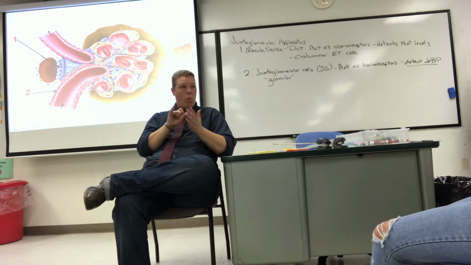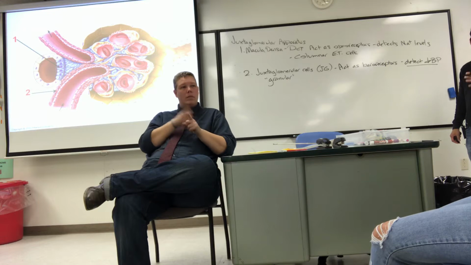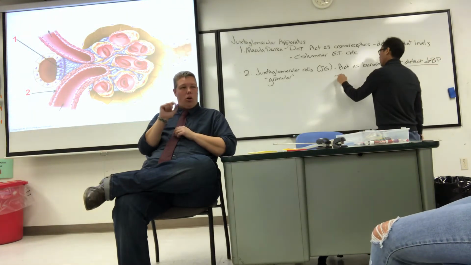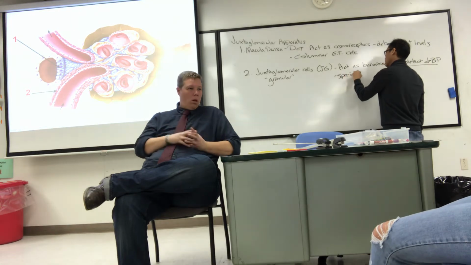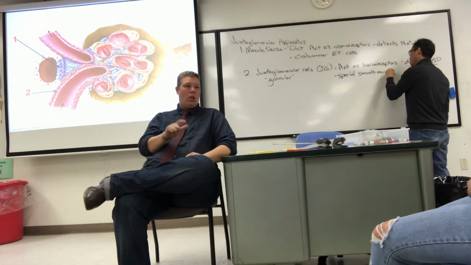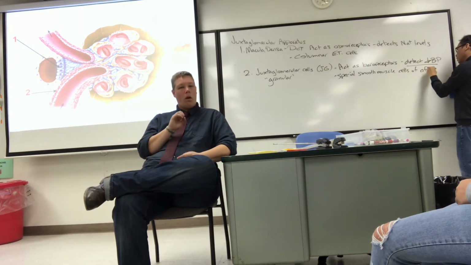And well, the cells are actually specialized muscle cells of the afferent arteriole. That's what number 2 is pointing to. Special smooth muscle cells of afferent arteriole.